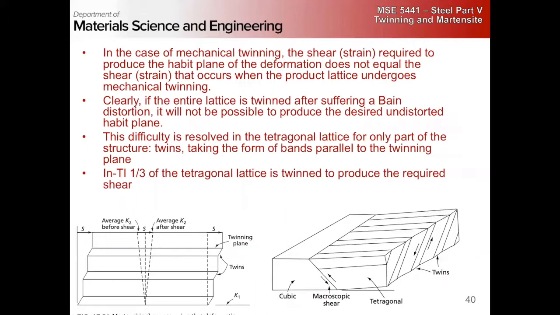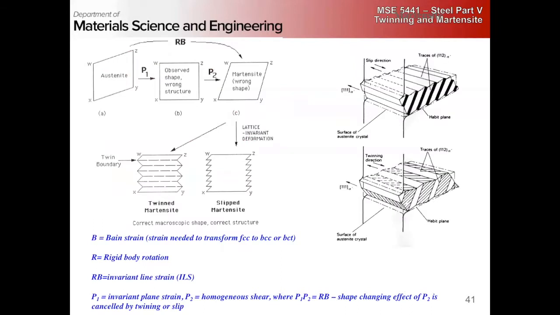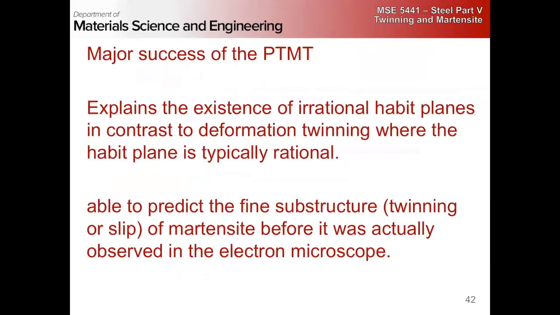Of course, the amount of shear of the twin is not exactly the same as the amount of shear we need for the Martensite to get the invariant plane. So you actually need two variants of the twins that, when you superpose their shear together in the right combination, give you the overall shear that you need. And this is exactly what we see.